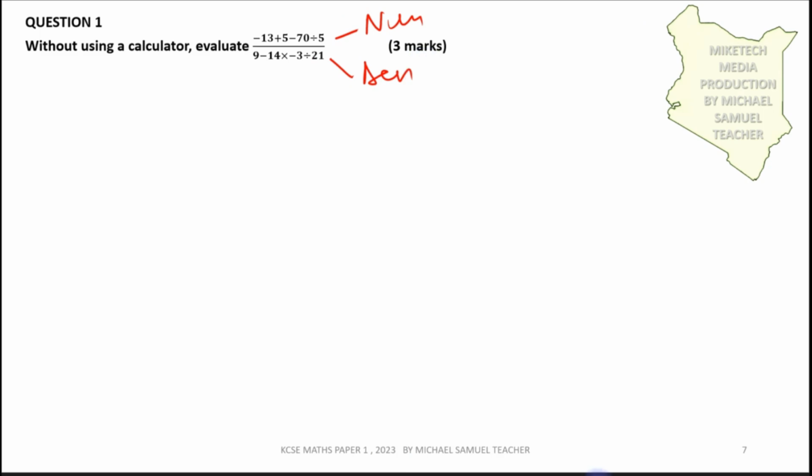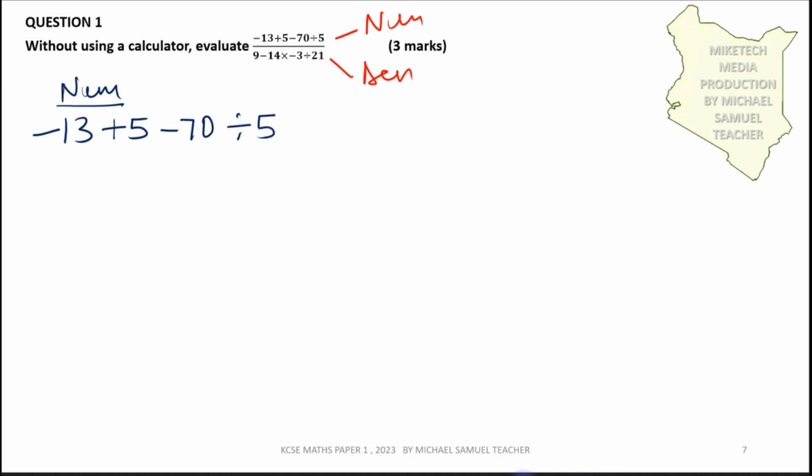I am going to work out the numerator first, then later work out the denominator, then we combine the evaluation. So the numerator we have minus 13 plus 5 minus 70 divided by 5.